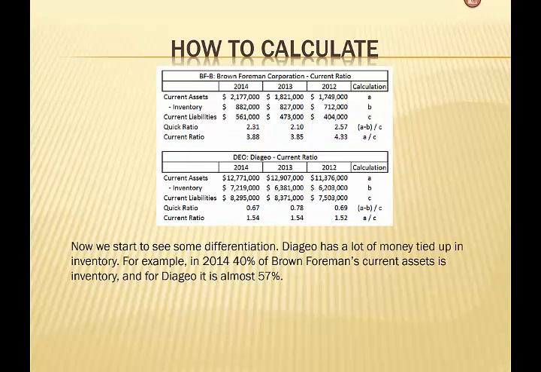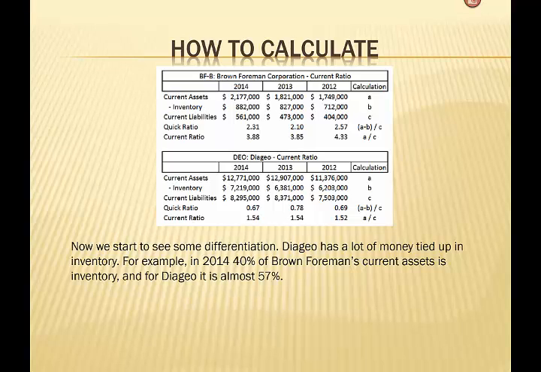So now let's compare Diageo. For Diageo, their current assets in 2014 is $12,771. Their inventory is $7,219. Wow. And their current liabilities is $8,295. Okay, so we had calculated a current ratio for them of 1.54.